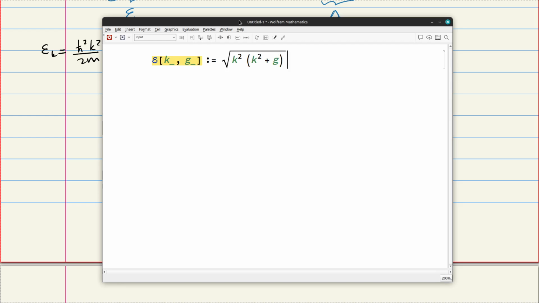So this is my spectrum, and I want to plot this, for k from 0.1 to, say, 5.